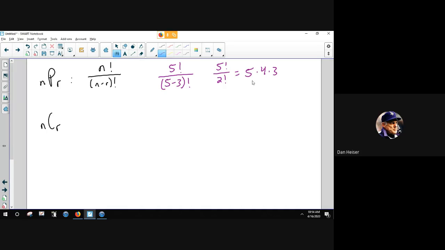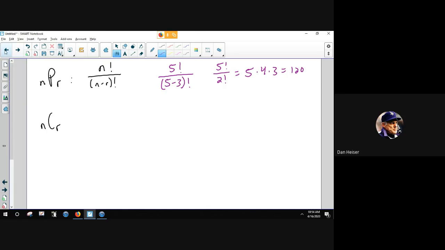It looks like the start of a factorial, but it stops. Because we have 5 ways to pick the first winner, 4 ways to pick the second winner, 3 ways to pick the third winner. There are 60 possible groups of 3 where the order matters.